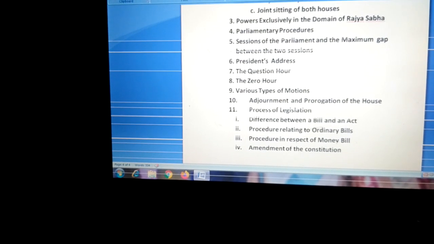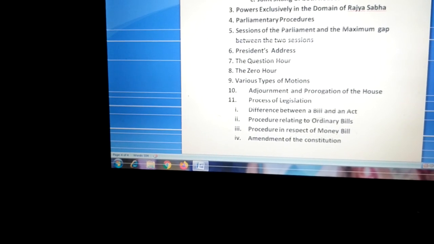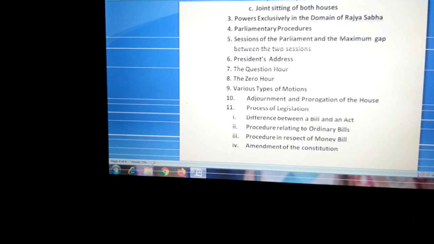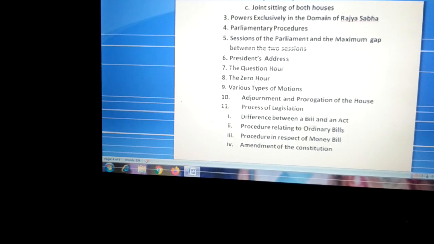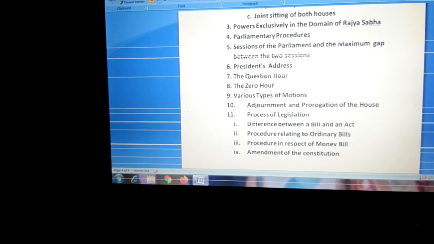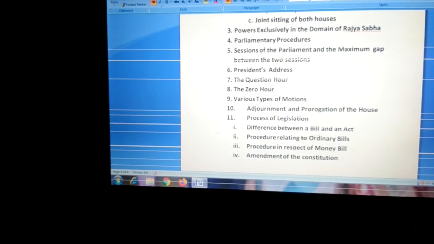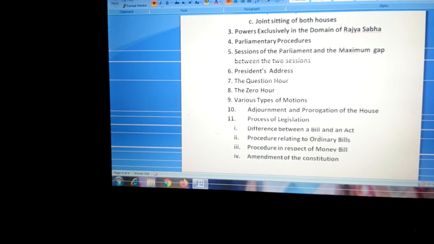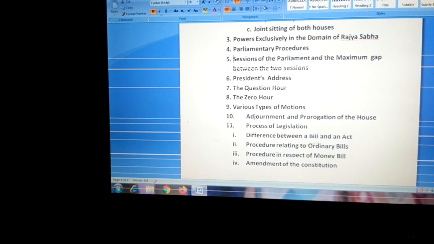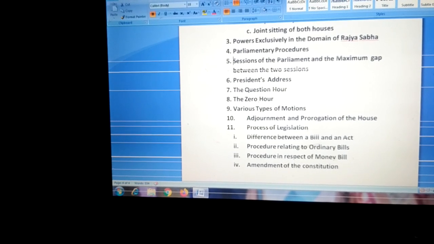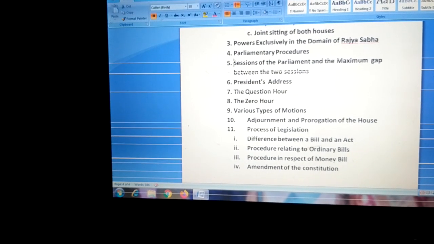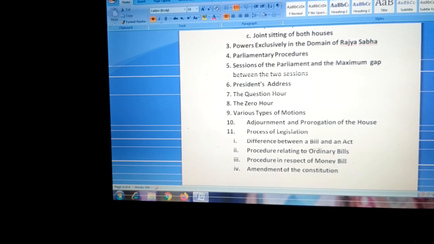Then the zero hour. What is the zero hour? The time which begins at 12 o'clock, soon after the question hour, is known as zero hour. Usually at 1 o'clock, the members go out to lunch. At 1 o'clock. The zero hour, therefore, would not extend for more than 1 hour.